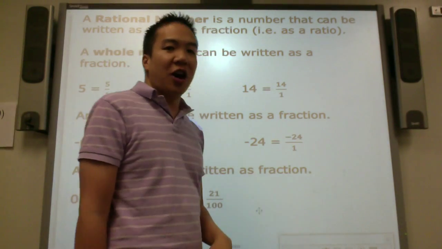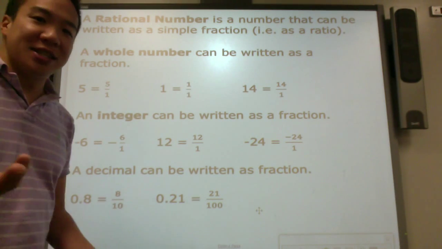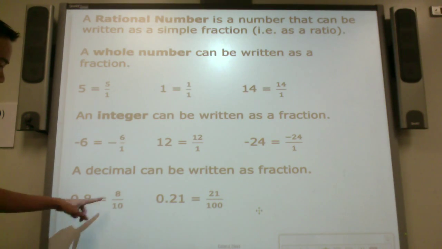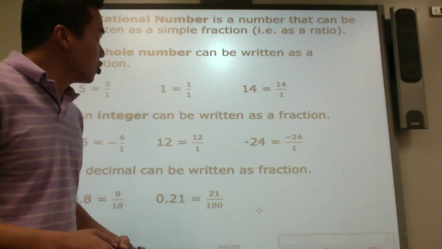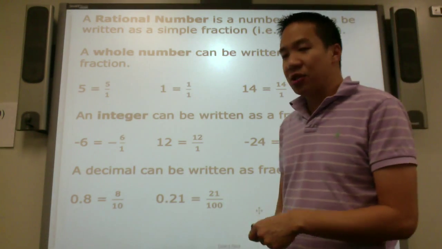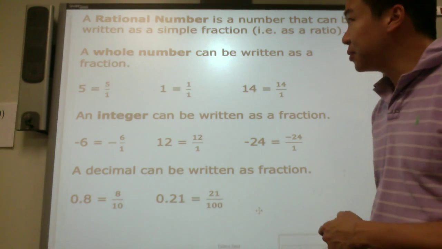Negative 24 divided by 1 is negative 24. A decimal can be written as a fraction, and we're learning that today. 0 and 8 tenths, 0 and 21 hundredths. So whole numbers, integers, and decimals can all be written as a fraction. So those are called rational numbers.